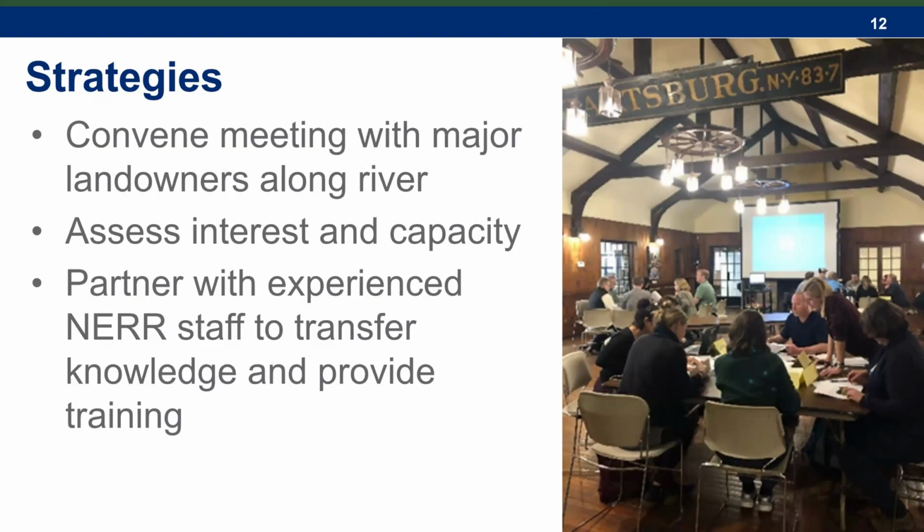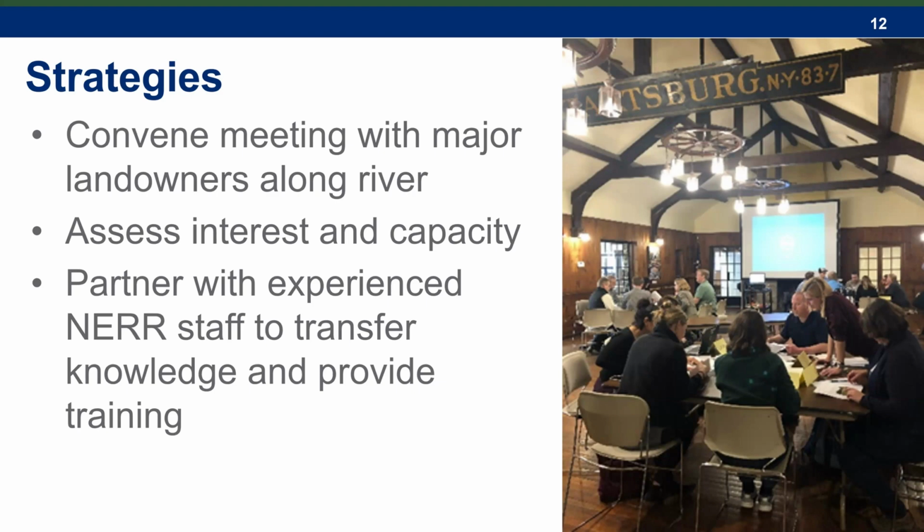Our strategy for trying to get this MOTUS collaboration up and running was to convene a group of major landowners along the river. The folks that owned the most property along the river would be the lowest hanging fruit in terms of trying to get some stations set up as a preliminary network.